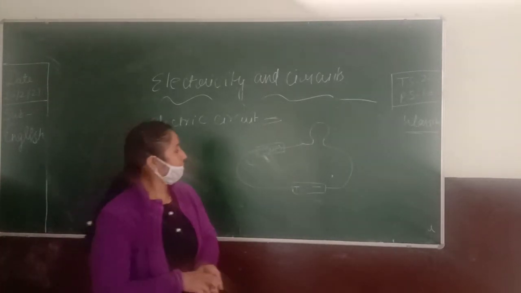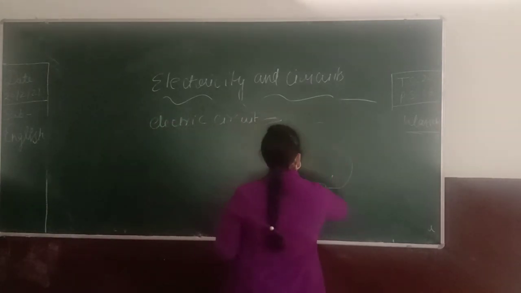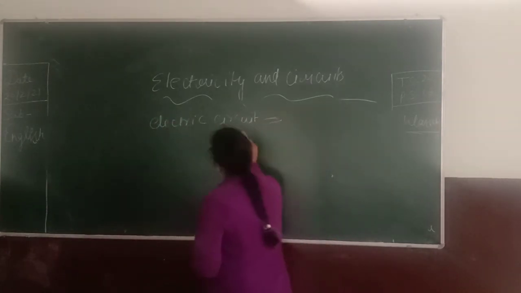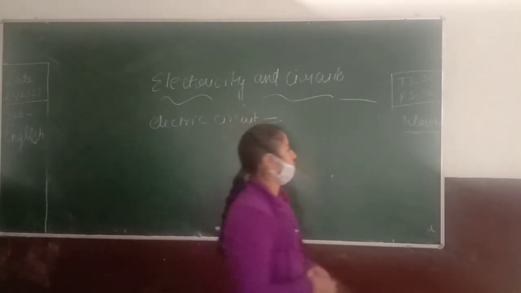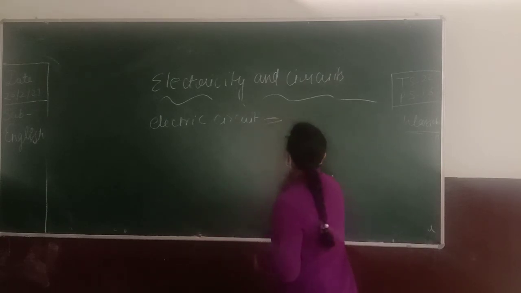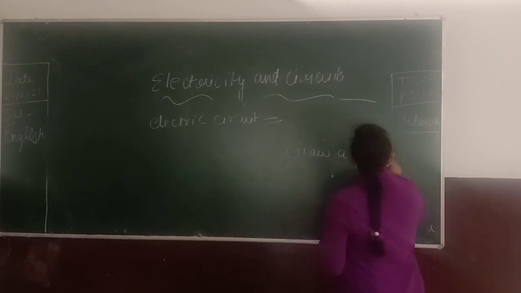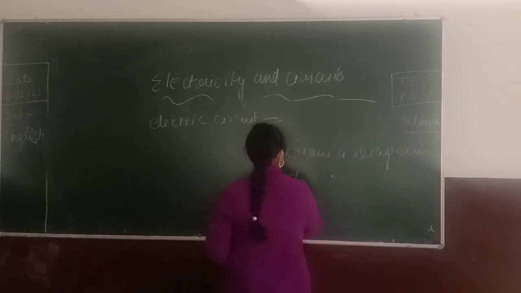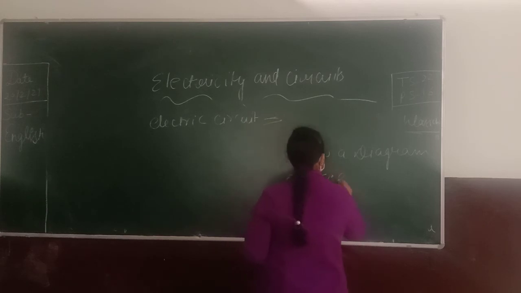So this is what we have learned. And for tomorrow, it means next day, it will come on Tuesday, your homework is you have to draw a diagram of torch. Torch का diagram आपको draw करना है.